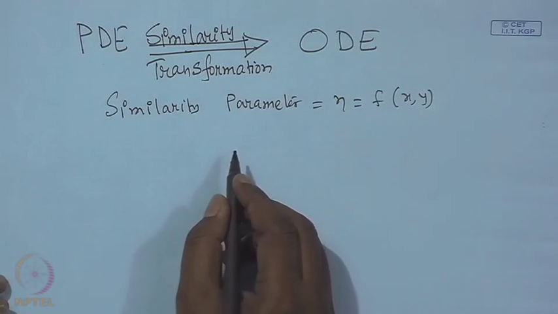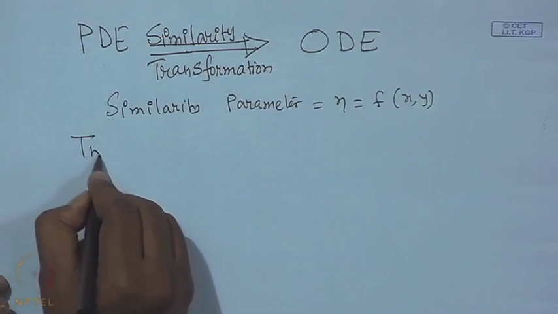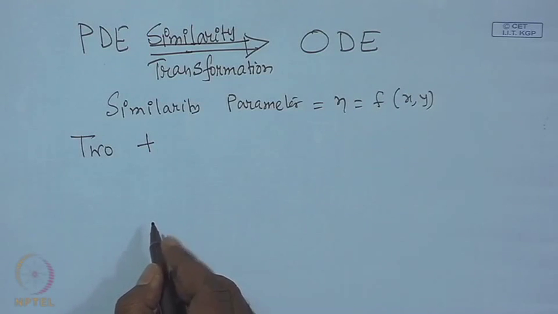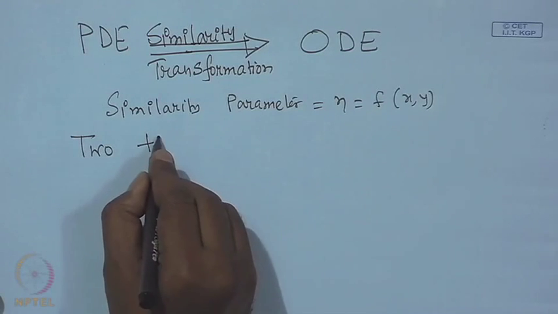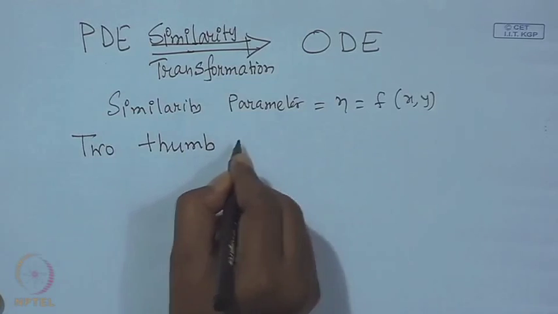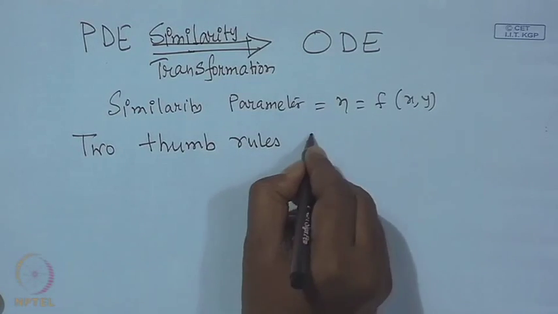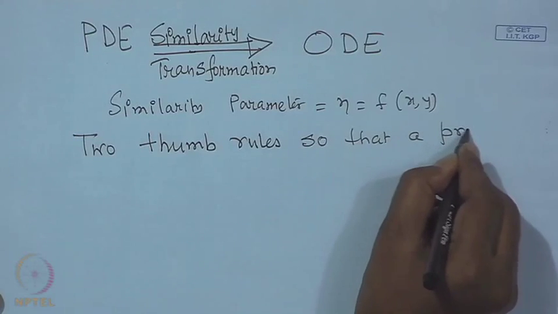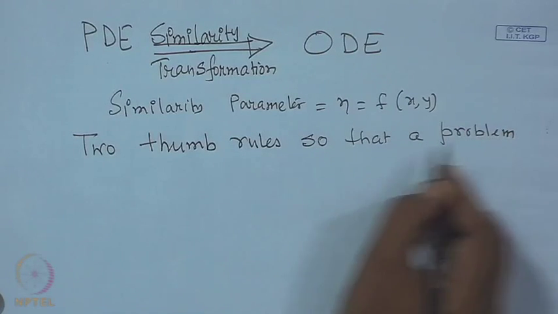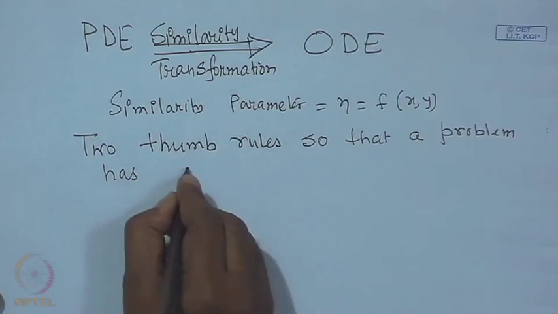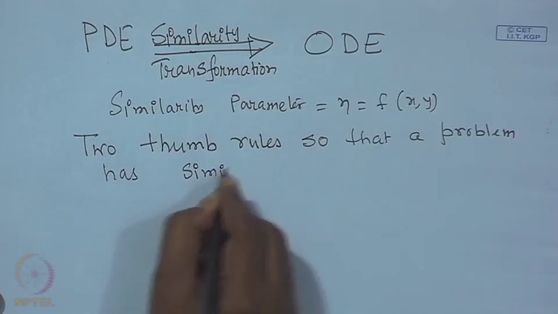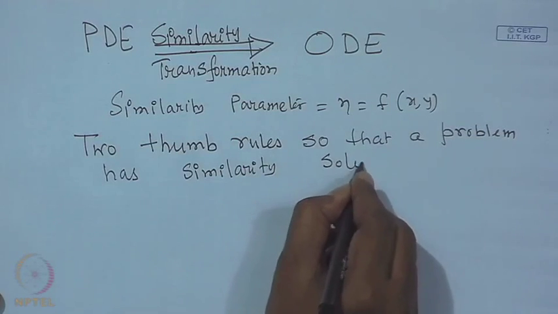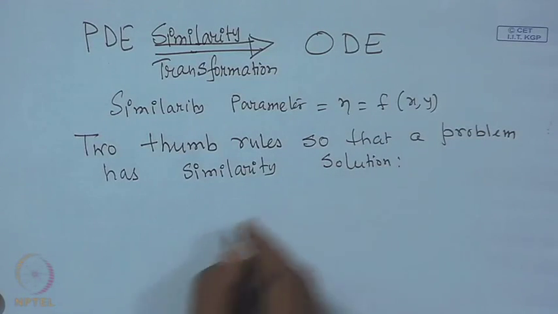There are two thumb rules one has to remember to know whether a problem will have a similarity solution or not. What are these thumb rules?